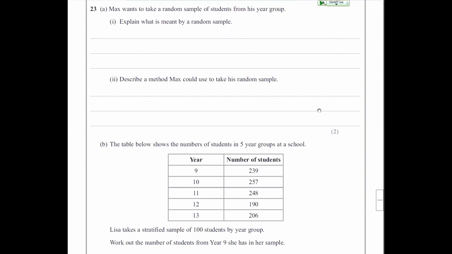Max wants to take a random sample of students from his year group. Explain what is meant by a random sample. So, random sample means everybody has the same chance or probability of being chosen.